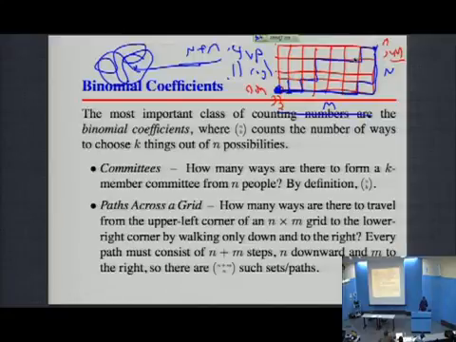Well, there's going to be a total of 15 different steps on my trip, right? And 4 of them are going to be ups. My trip is going to be defined by what were the exact positions I did my ups. Here I did an up in the 3rd position, the 5th, 6th, 7th, 8th, 9th, 10th position. Does everybody see that?